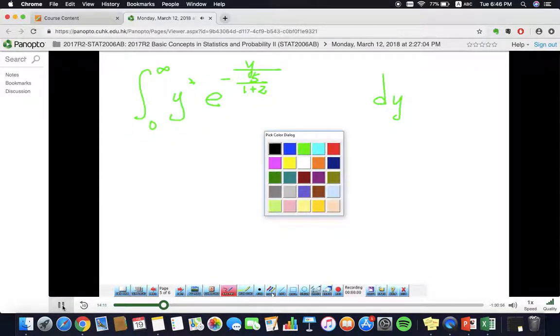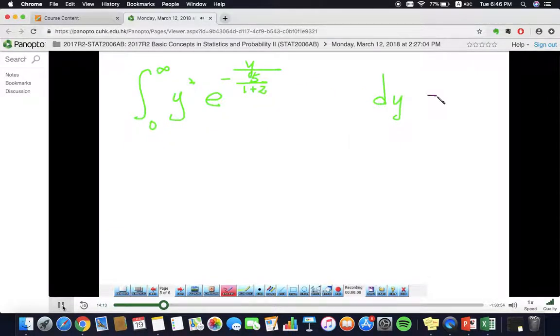All right. So how to make it a gamma density? We have to tidy this guy up. So first of all, this 2 is actually equal to 3 minus 1. So we have gamma 3 here, and together, this is our theta. So we have 1 over gamma 3 times 5 over 1 plus z to the power 3.